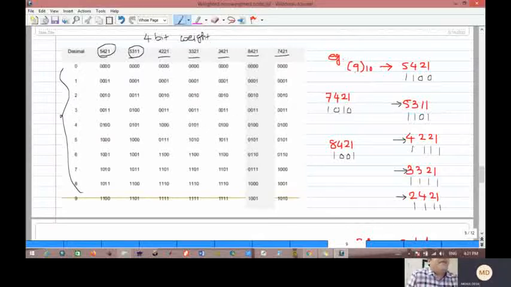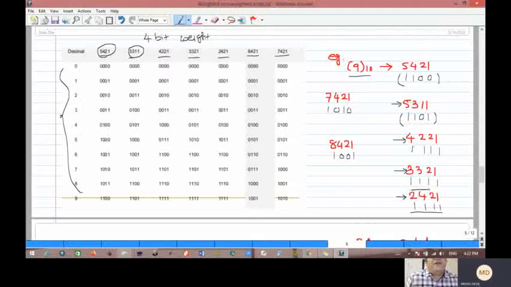Let us take one example. If we have the decimal value 9, then in 5421, 5 plus 4 is equal to 9, so 1100. So this is the code conversion in terms of 5421. Similarly 5311: 5 plus 3, here 11 is given, so we have to take a lower weight, so 5 plus 3 plus 1, so it is also 9. 4221 means 4 plus 2 is 6, 6 plus 2 is 8, and 1 makes 9. 3321: 3 plus 3 is 6, 7, 8 and 9. 2421: 4 plus 2 is 6, 7, 8 and 9.